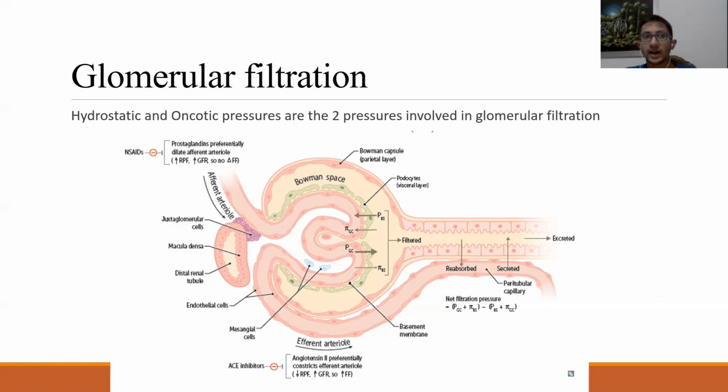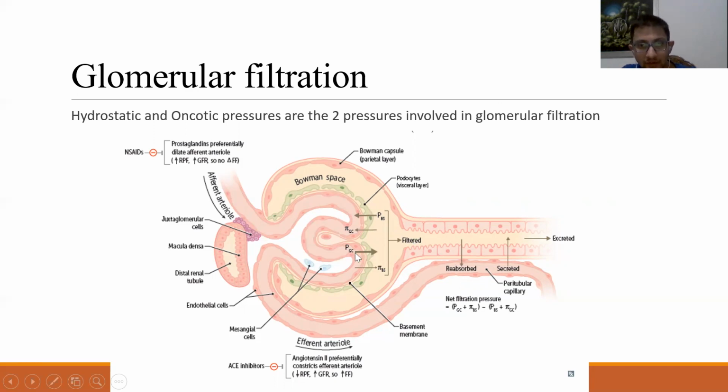And if we think of hydrostatic pressure as kind of a positive force, oncotic pressure is negative. So if you can see with the arrows over here, blood enters via the afferent arteriole, and you have here the hydrostatic pressure of the, I believe this is the glomerular capsule, but anyways, let's just say it's of the blood plasma, and that is going in this direction towards the tubules.